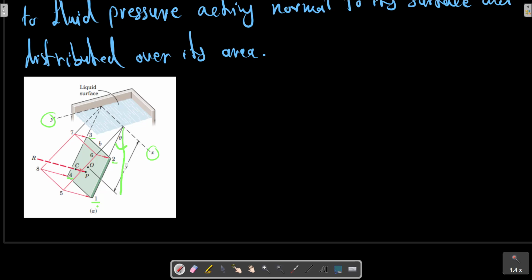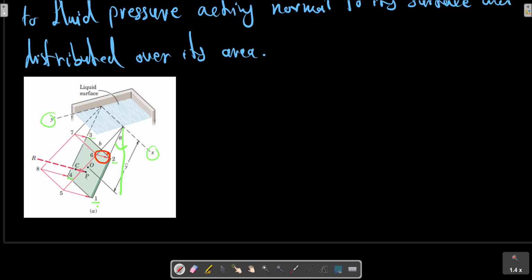The fluid pressure acting normal to the plate at point 2 is represented by the arrow 6-2 and equals rho g times the vertical distance from the liquid surface to point 2.